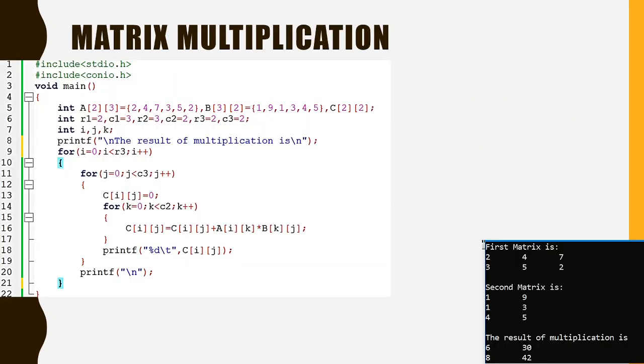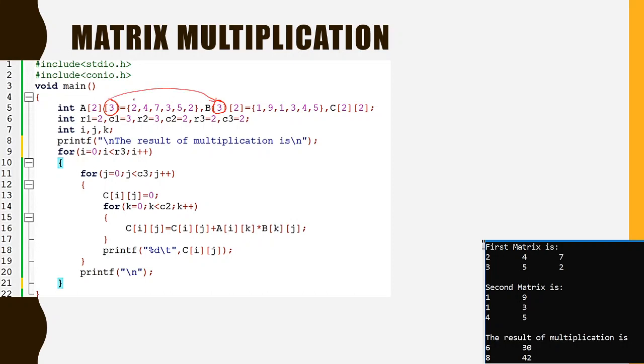You can see over here I have given you a program for this particular thing. The column count of the first matrix is equal to the row count of the second matrix, so these two are the same.